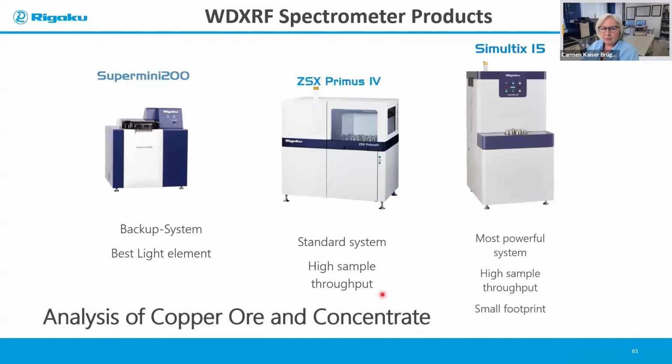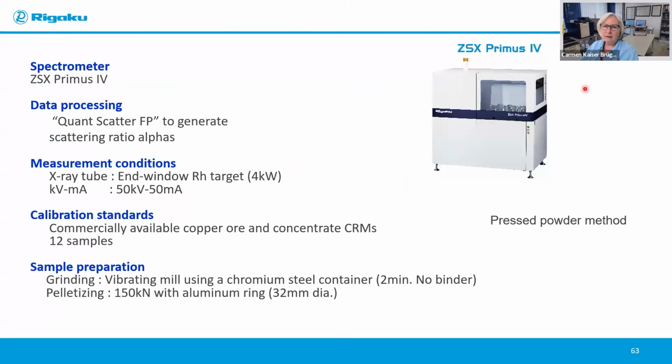So the last example that I wanted to show you is basically the analysis of copper ore and the concentrates using these spectrometers that you see here. So the first one that we will look at is the Primus 4, being our best WDXRF floor standing instrument.